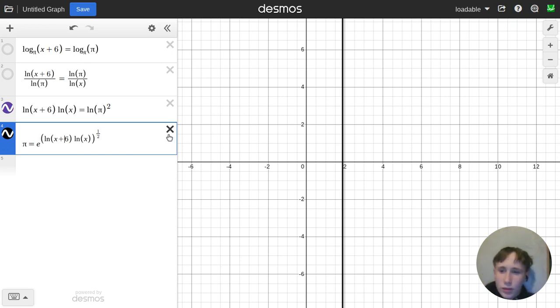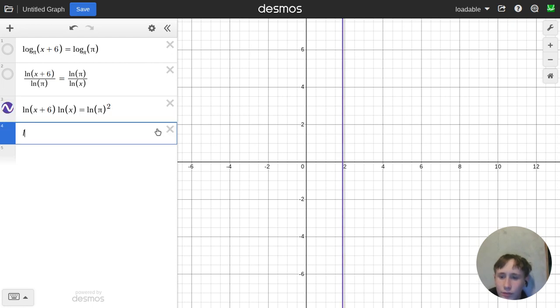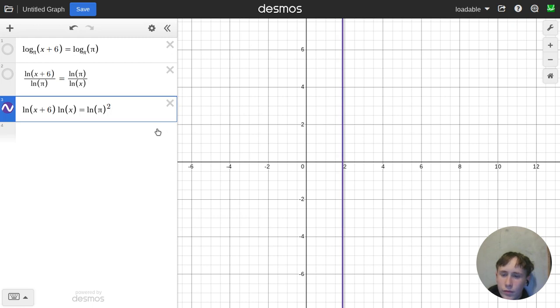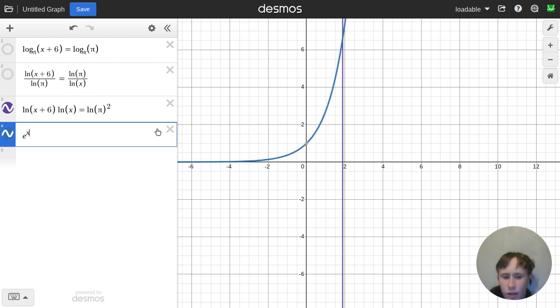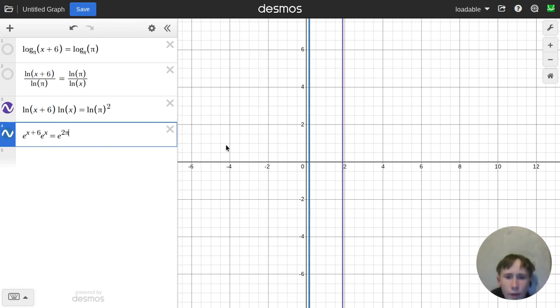Let's take it back a step. Back to this. Let's just do log natural pi. So e to the x plus 6. Let's see if this would work. Times e to the x equals e to the 2 pi. No, that wouldn't work.